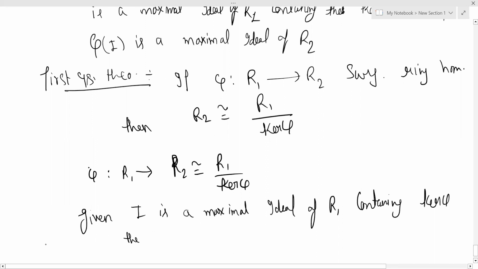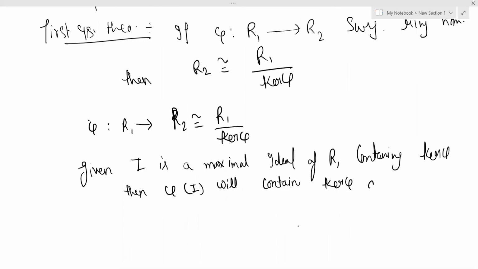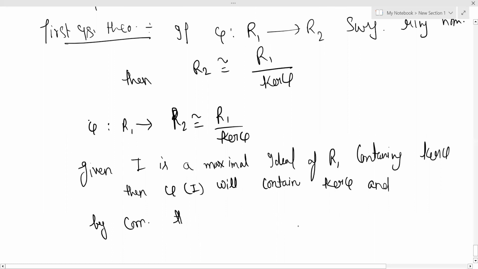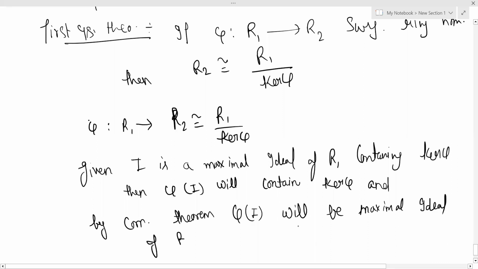Then phi I will contain kernel phi, and by the correspondence theorem phi I will be a maximal ideal of R1 mod kernel phi, which is isomorphic to R2.